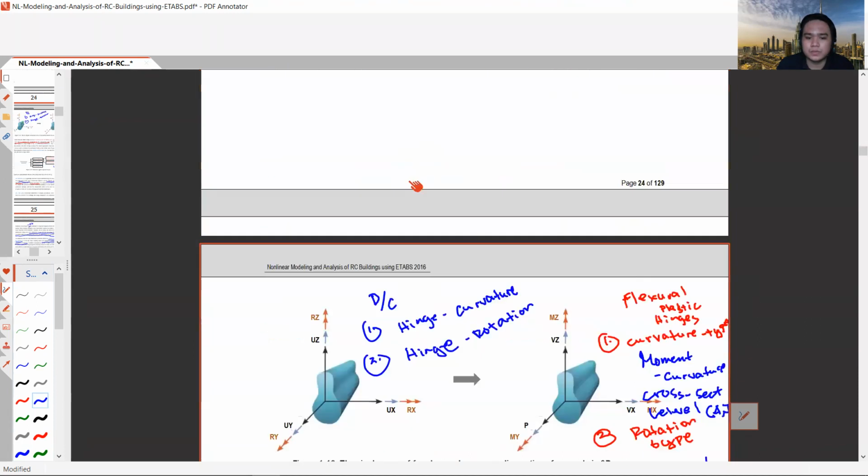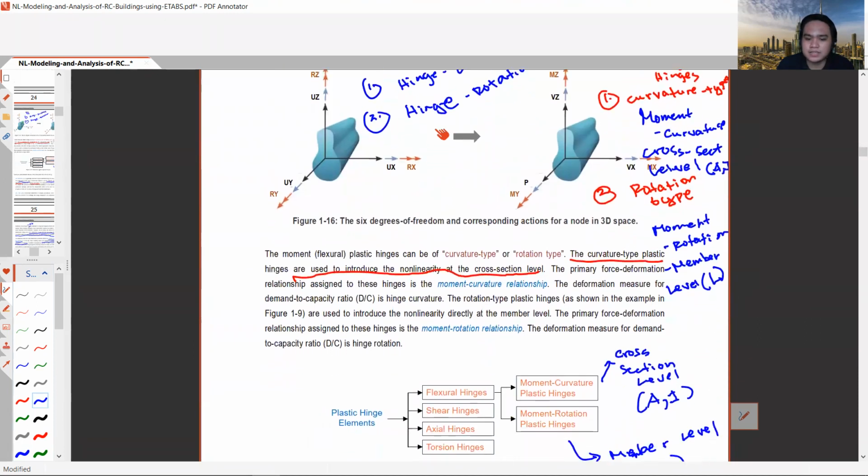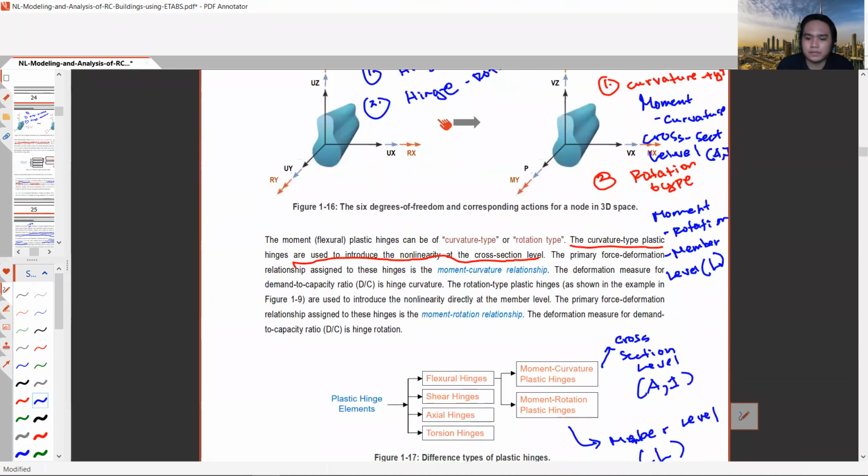Okay, so back to the types of plastic hinges, we have the flexural hinges, the two types of plastic hinges. We have the moment curvature plastic hinges and the moment rotation plastic hinges. So under the moment curvature plastic hinges, we have the cross-sectional level at which we are introducing the nonlinearity.